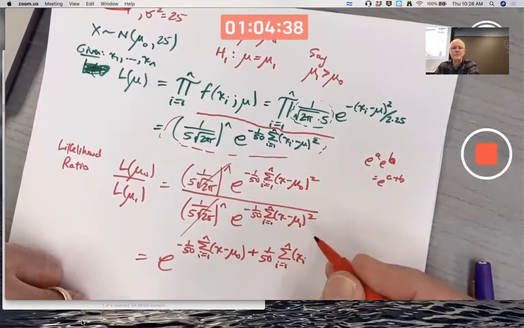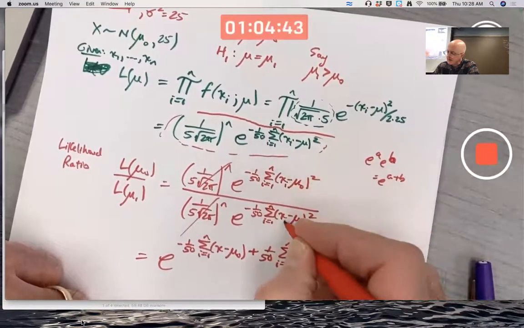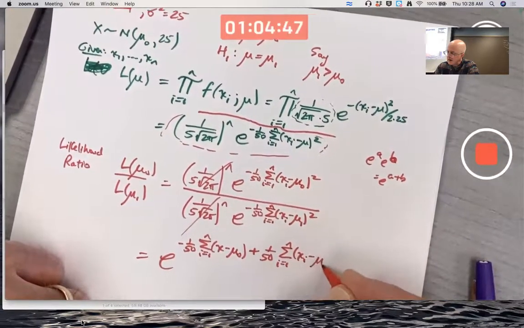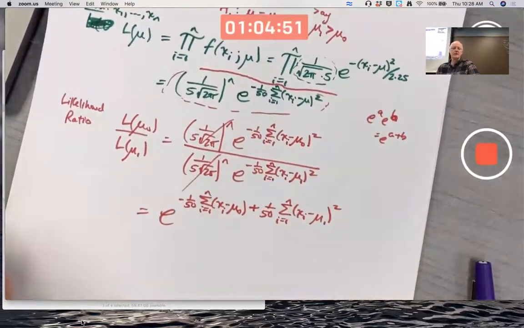Oops, I forgot my subscripts on the x's, didn't I? Let's put them there. There's what the likelihood ratio simplifies to.